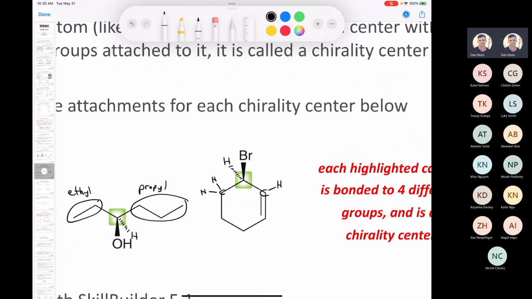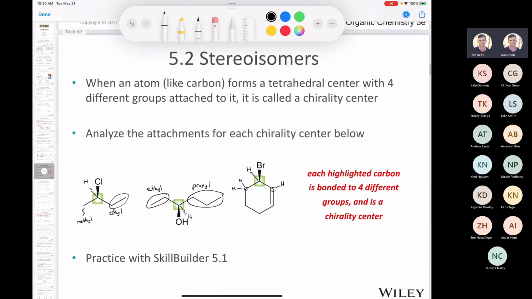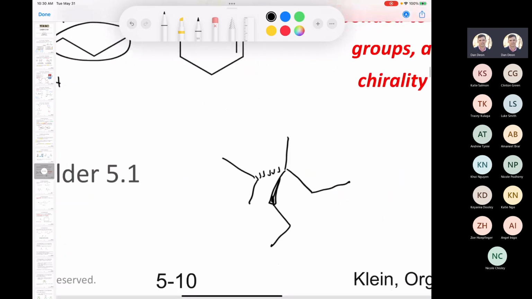Like I told you, you could have 4 different carbon-based groups attached to your molecule. It would still be a chiral carbon. Let me give you an example. Let's say you had a carbon that has a methyl group attached to it, an ethyl group, an isopropyl group, and a propyl group.